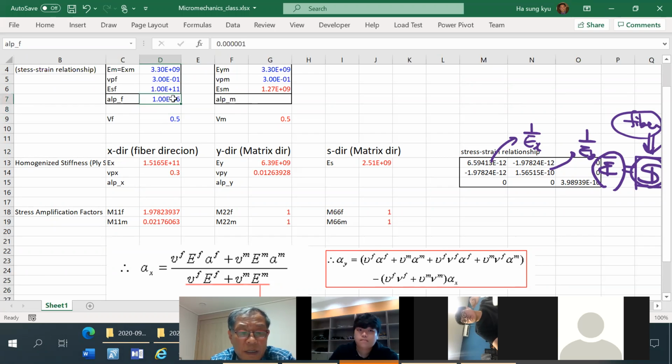And resin CTE is higher. I would say about 20, 10 to the minus 6.